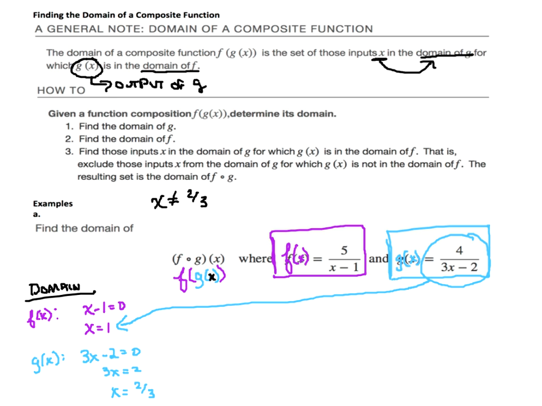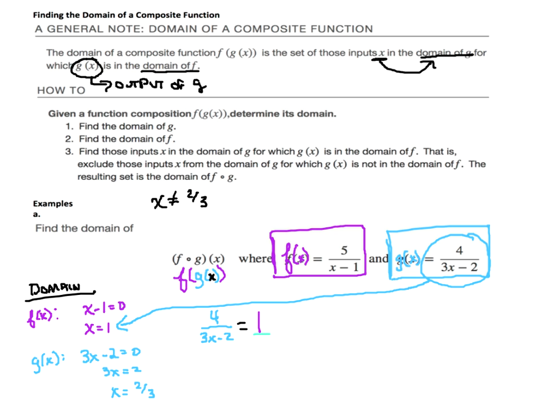So we also need to figure out when will 4 over 3x minus 2 be equal to our domain restriction in the f function, because we've got to plug our outputs from our g function into our f function as the input. So we need to figure out when this is going to happen, because this is going to be another restriction that we can't have.